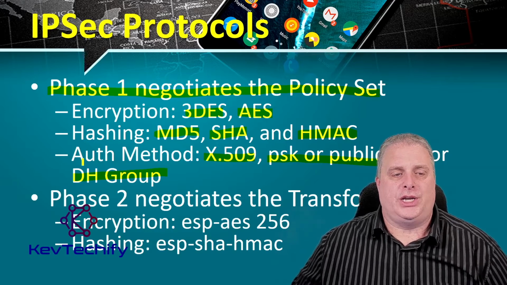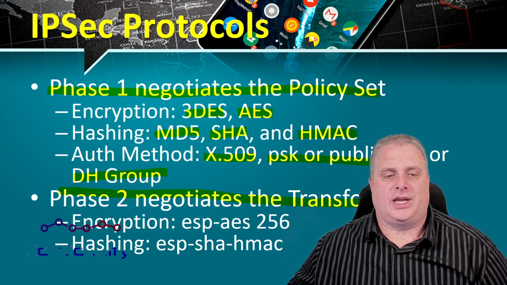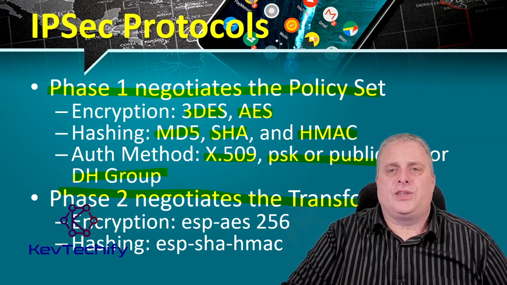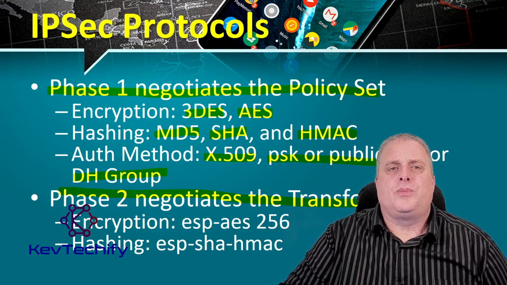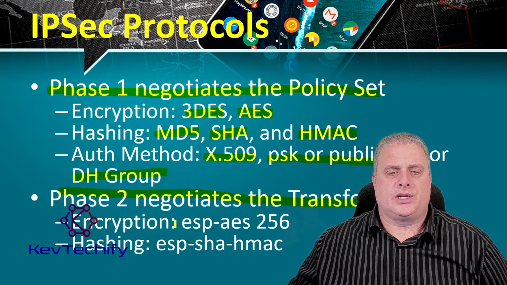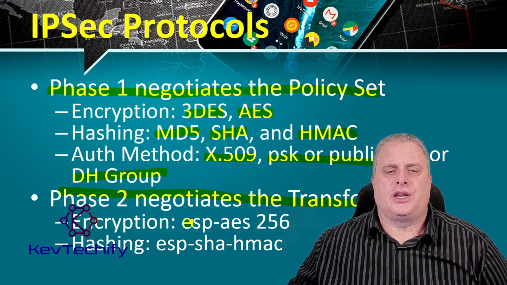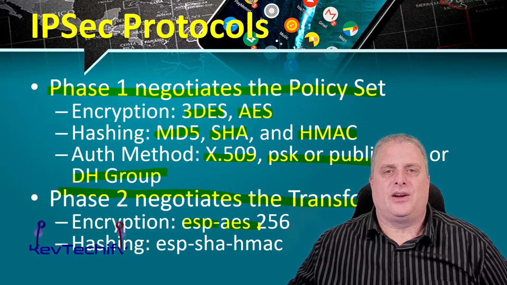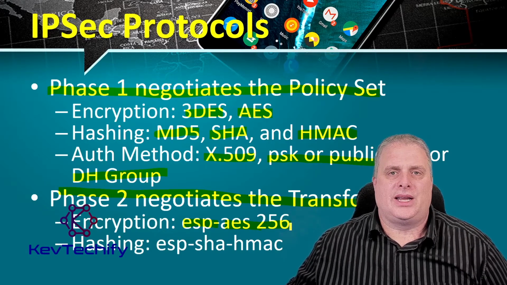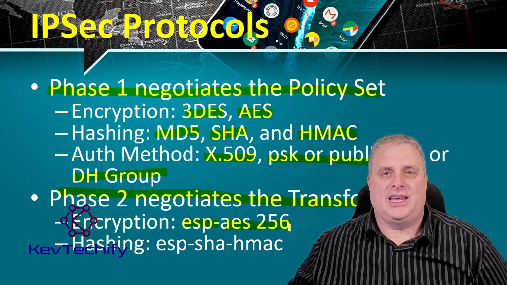Phase 2 negotiates the transform set. This is used to secure the data. In the transform set, we set up the encryption that's going to be used. Let's say we're going to be using the Encapsulating Security Payload with Advanced Encryption Standard and a 256-bit key. This is also known as ESP with AES.